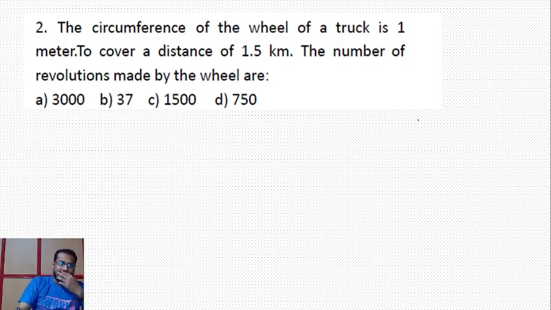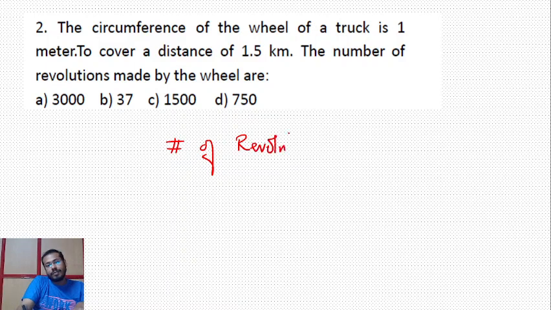This question: the circumference of a wheel of a truck is 1 meter. To cover a distance of 1.5 kilometer, the number of revolutions made by the wheel is? Now here they are asking the number of revolutions. Same formula, distance divided by circumference.